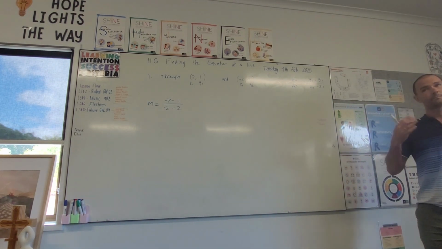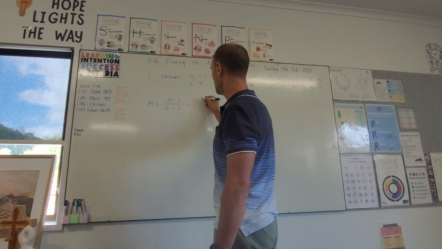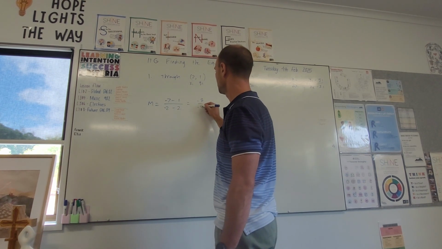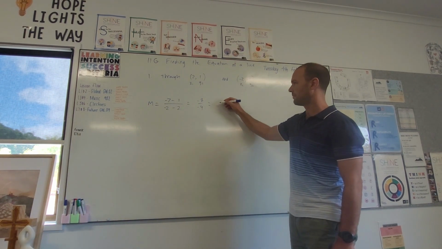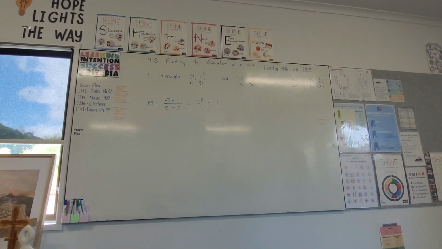So that's our slope. We've put it into the slope formula. Let's evaluate it. At the top we're going to have minus 7 take 1, minus 8. At the bottom we'll have minus 4. And when we divide minus 8 by minus 4, we get positive 2. So the slope of the line is 2.